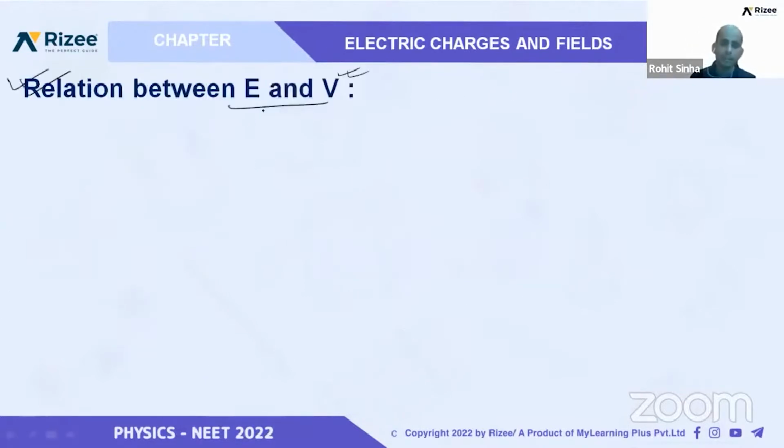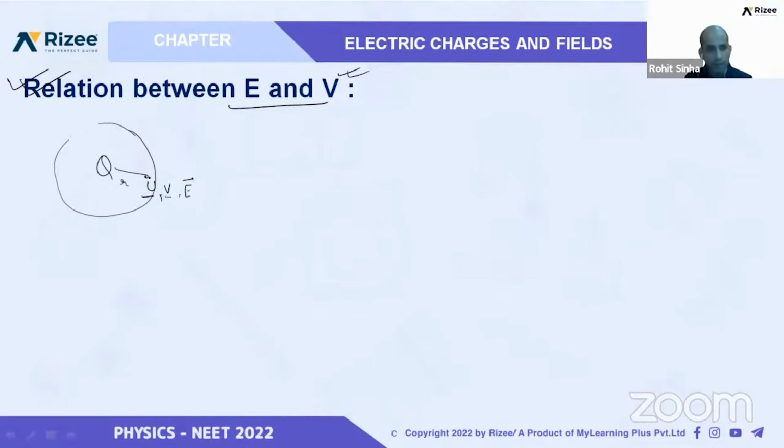Now let us revise first. What is the relation between E and V? We know that around a charge there is a region where at a point r we have some electric potential energy, electric potential, and some electric field.